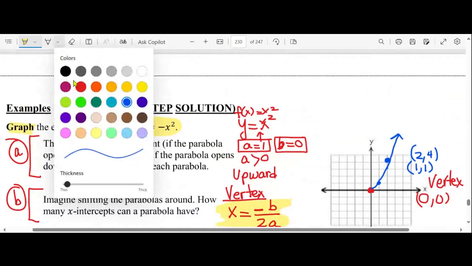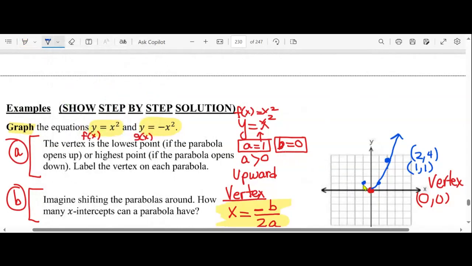So we're going to go to the graph up here and we're going to graph it, okay? So the other point is what here? -1 and 1. And then -2 and 4. Is that clear? And then you make the line.